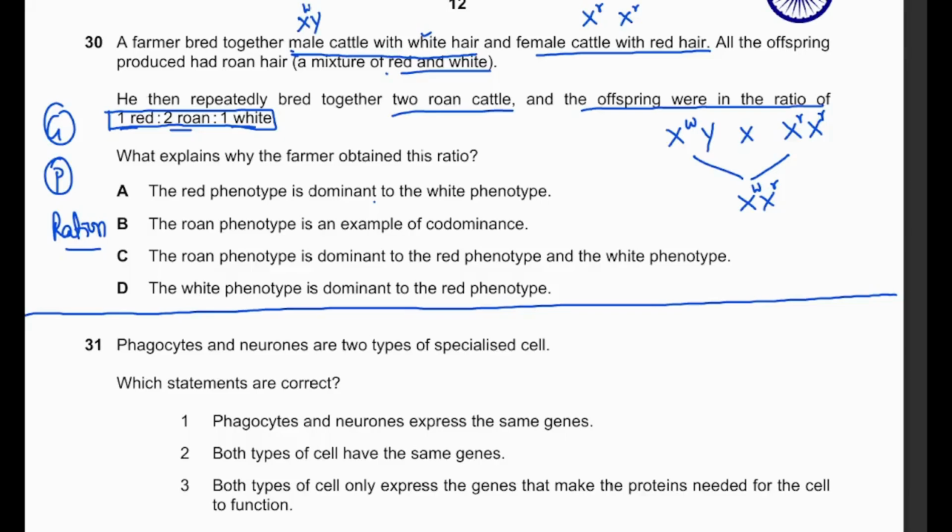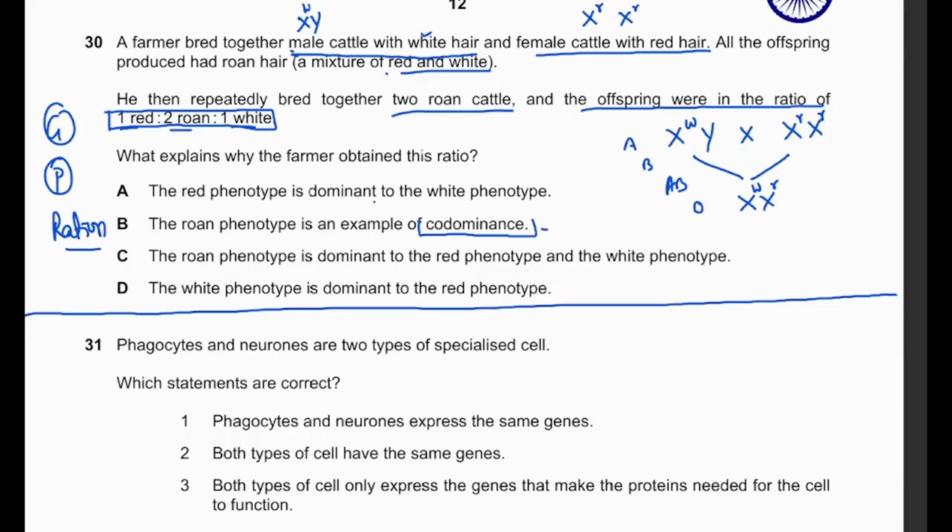because in the offspring it's completely different. The roan phenotype is an example of codominance. Is it codominance just like our blood, A group, B group, AB and O? Any similarity with this one?